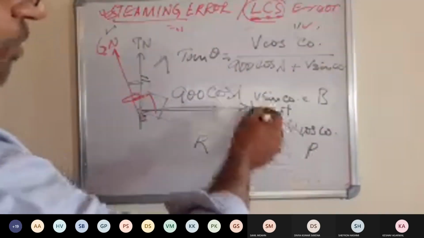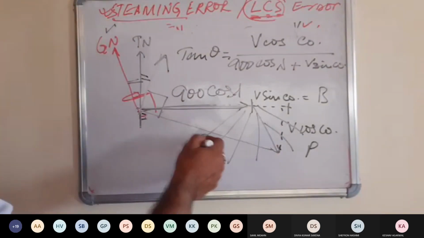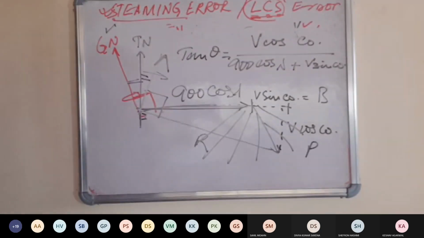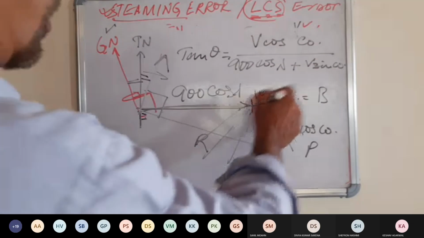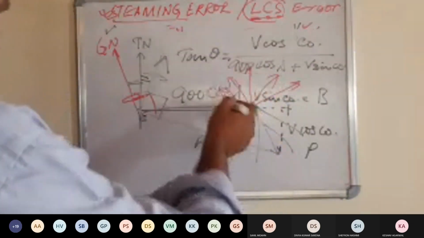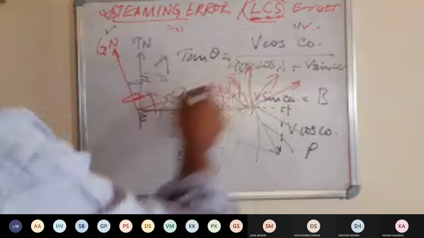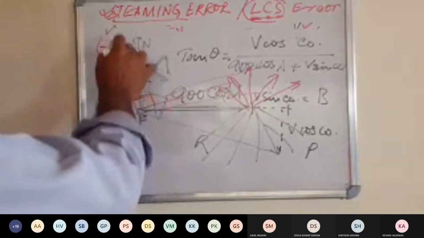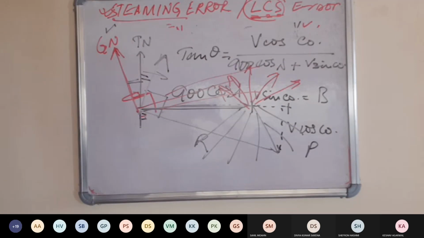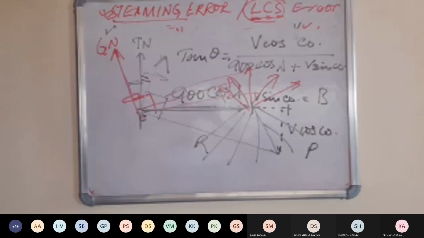So going south, all the time the error is easterly, and going any course on the north side, the resultant will always be like this, and the error will be westerly. Agreed?